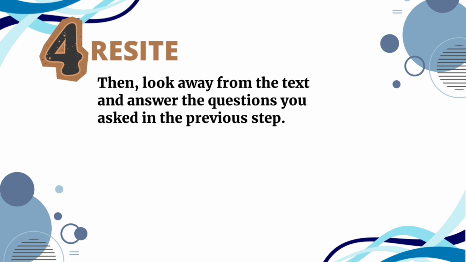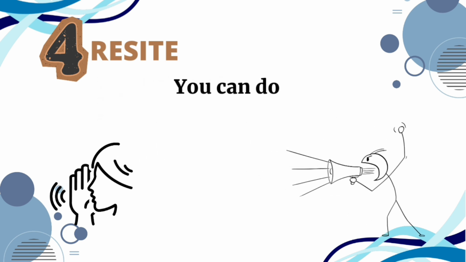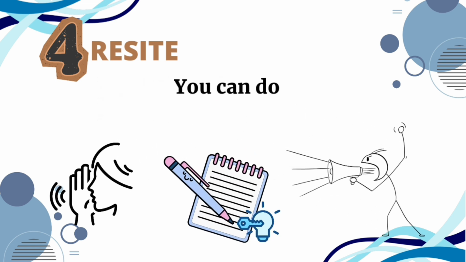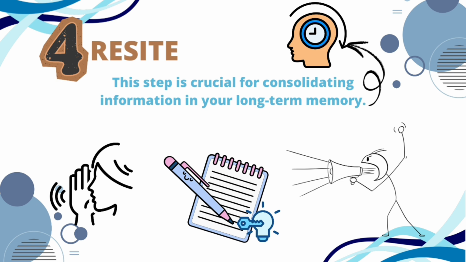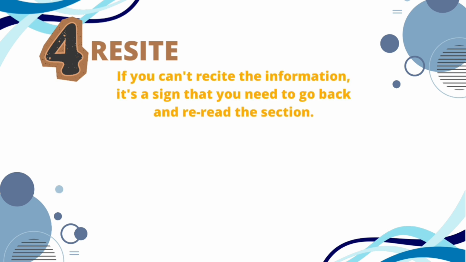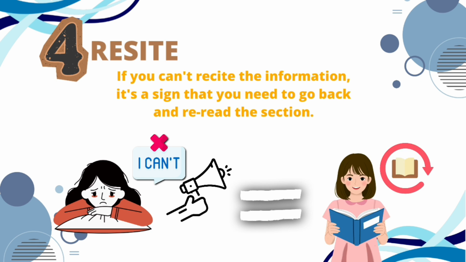Then, look away from the text and answer the question you asked in the previous step. You can do this out loud, whisper to yourself, or write down a few key points. This step is crucial for consolidating information in your long-term memory. If you can't recite the information, it's a sign that you need to go back and reread the section.